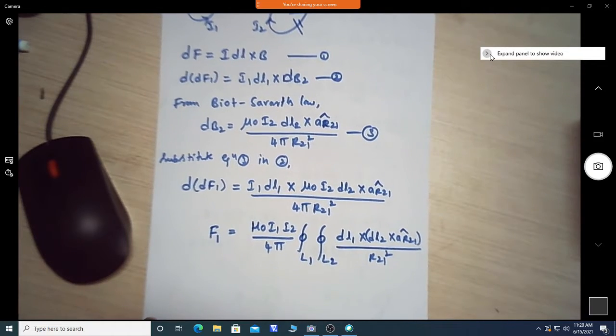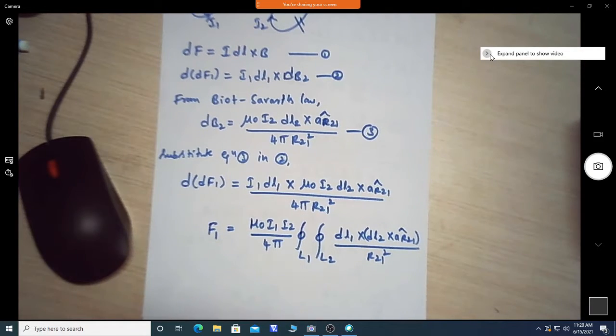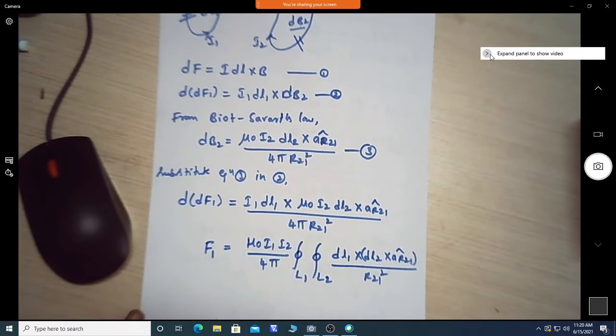Now we can even write the force F2, just by changing the subscripts: the force on loop 2 due to loop 1. Interchanging the subscripts, we get R12 and aR12, with the same I1 I2 but for F2.